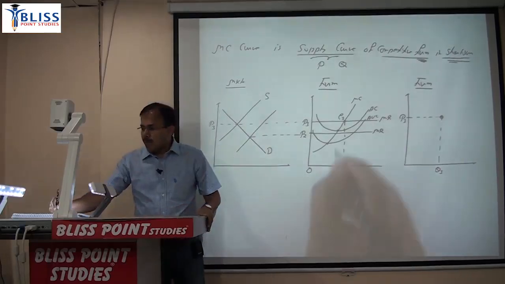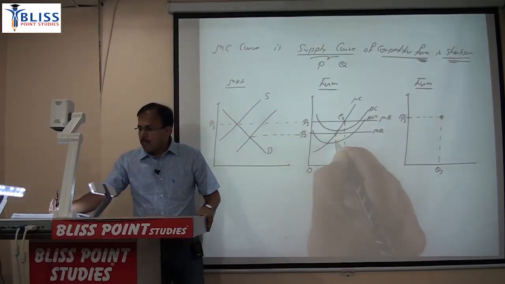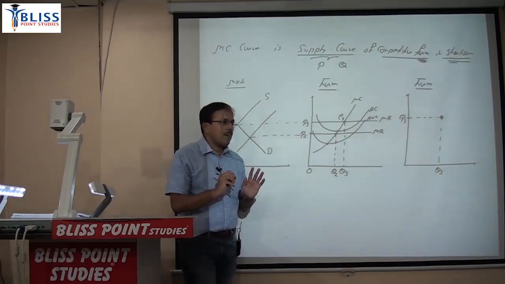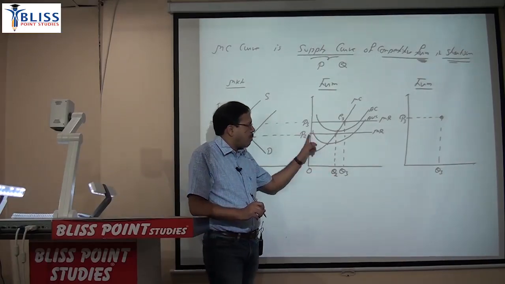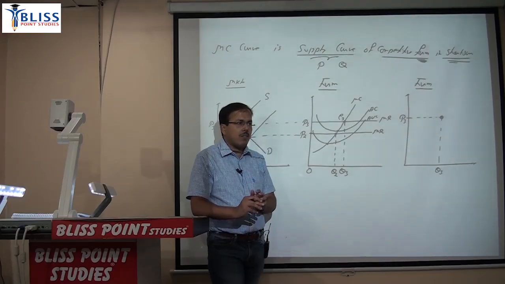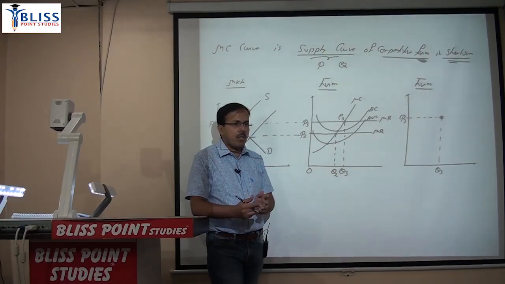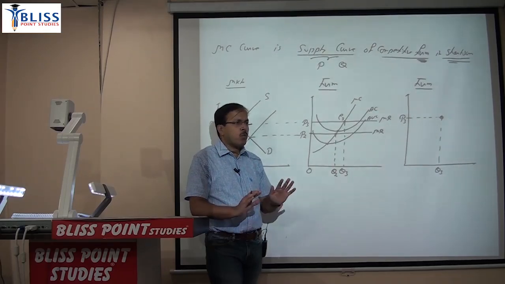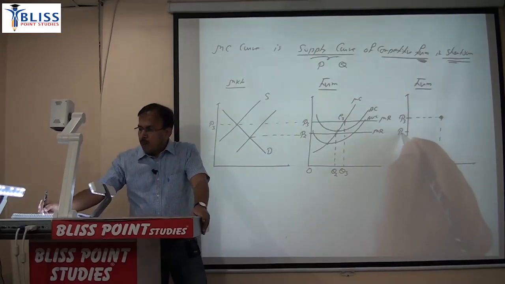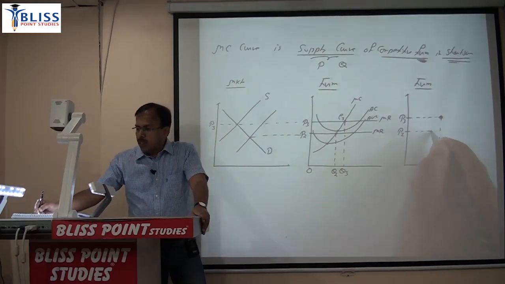So now at price P2, profit maximizing quantity will be Q2. Look at the graph and tell me, at that quantity and price, is the firm having profit or loss? Loss. But despite loss, firm will operate because there is operating profit. So firm will produce in fact. So if firm is producing quantity at price P2, then you plot that point Q2, you get the second point.